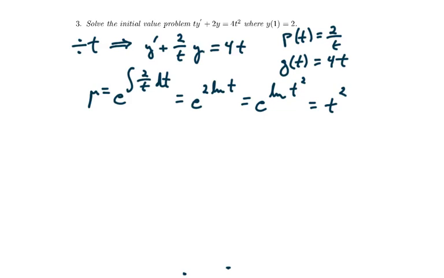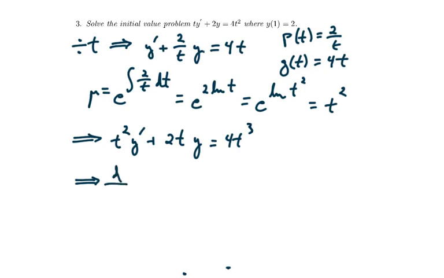When we multiply through this form after you put it into that general form, we've got t squared y prime plus 2t y equals 4t cubed, which is equal to d/dt of t squared y, and that equals 4t cubed.